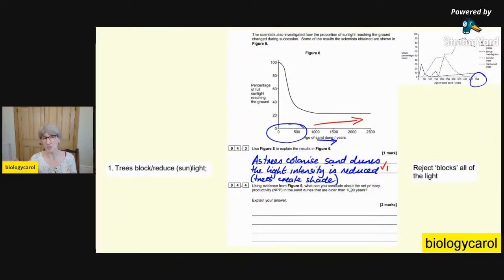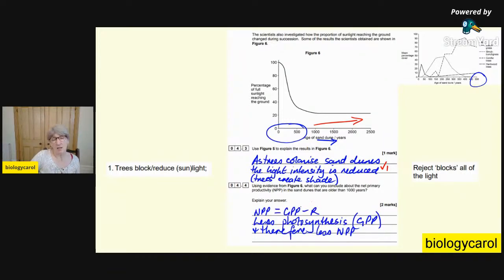So the glucose that isn't used in respiration can be used to make lipids, complex carbohydrates, proteins, DNA, all of those things that become the biomass of the plant. There we go. So NPP equals GPP minus R.